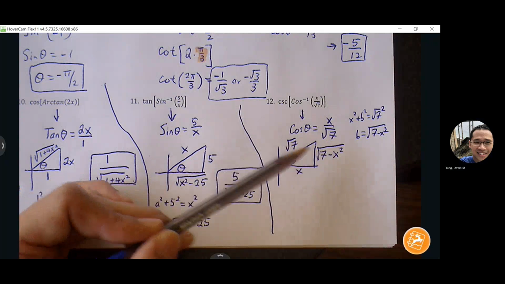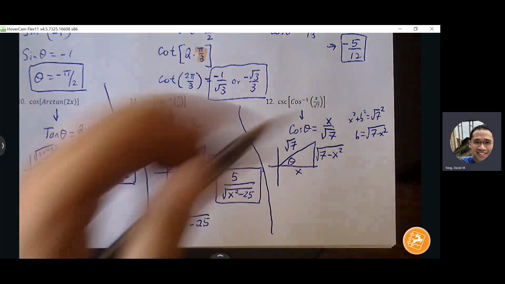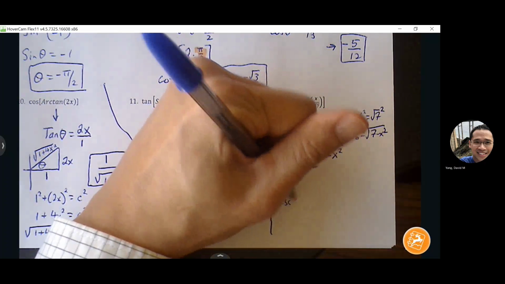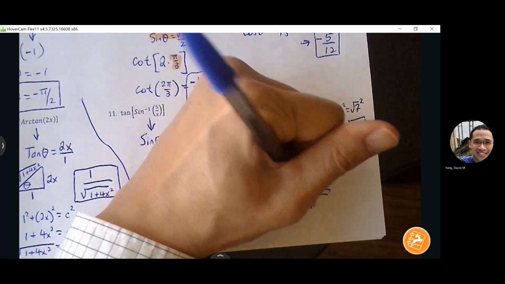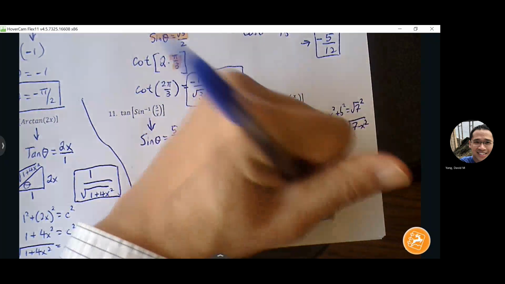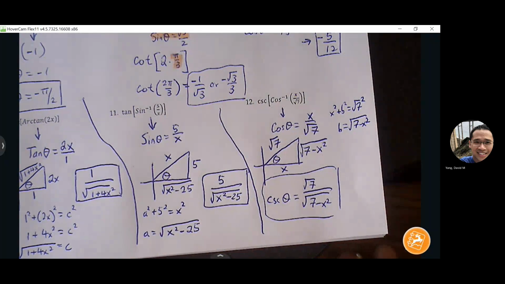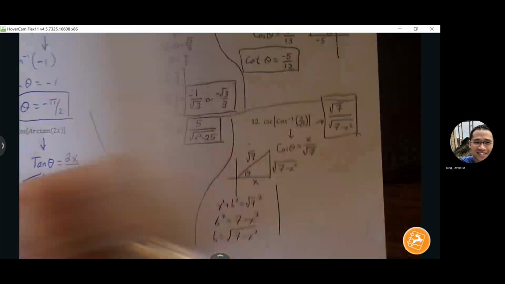Hypotenuse over opposite, yeah. Flip sign around. Okay, back page.